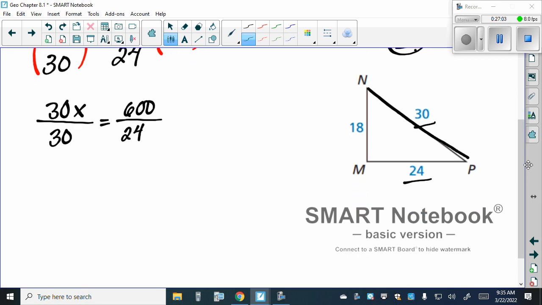Now, I wrote this out for us to at least see the first time, because again, it's nice to see how this works. 30x divided by 30. 30 divided by 30 is 1. Anything divided by itself is 1. So these simplify to 1, leaving us with just x. So the only thing we need to really find at this point is what is 600 divided by 24.